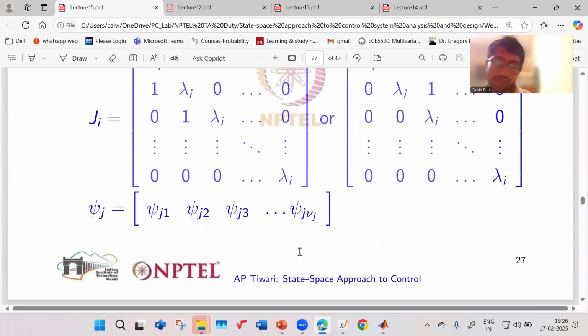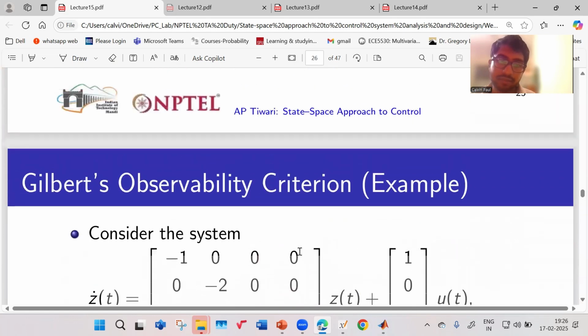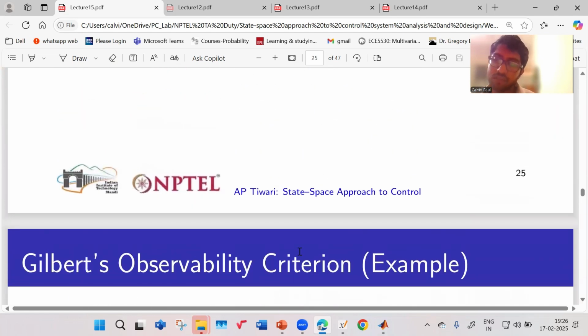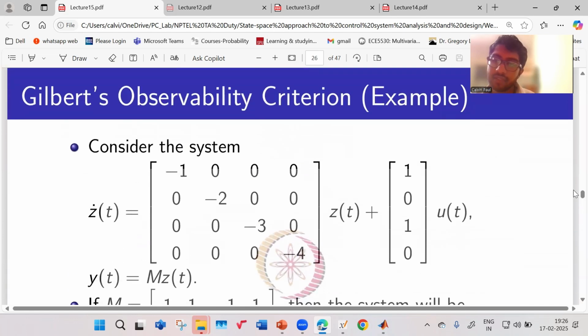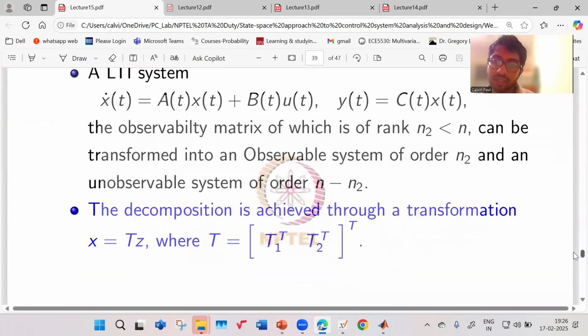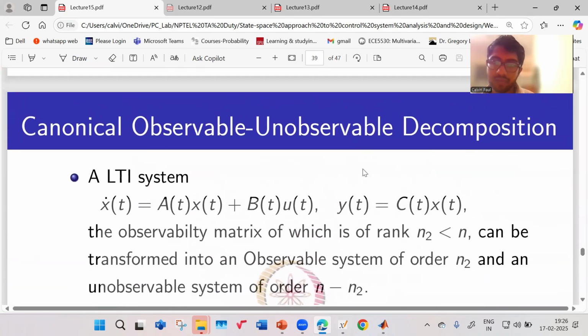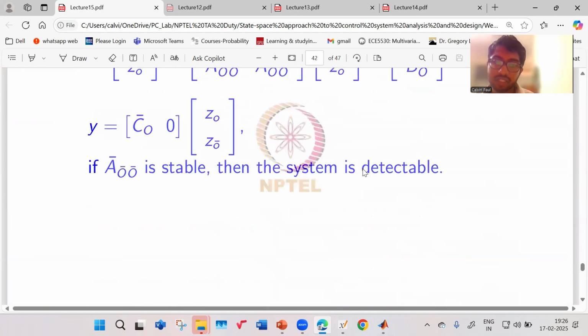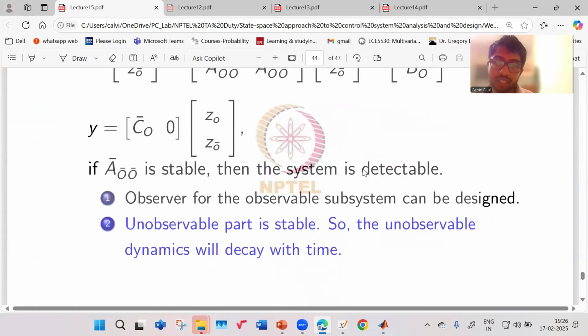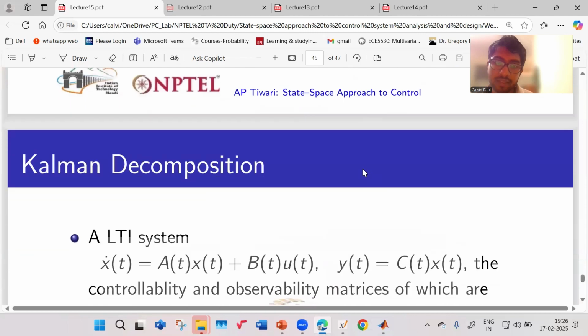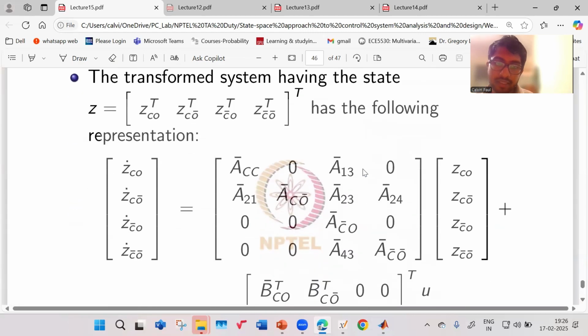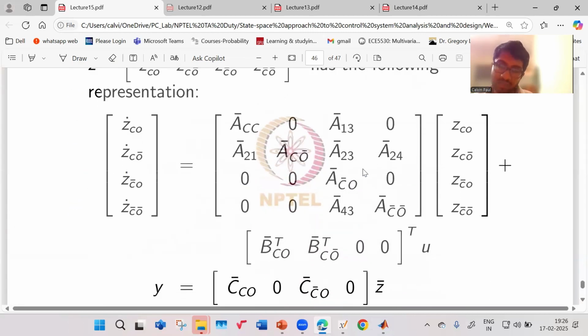Okay, so we have seen what the Jordan form is and how to convert into Jordan form. And similarly, you can convert a system by Kalman decomposition into observable form. You can show a system in this form.